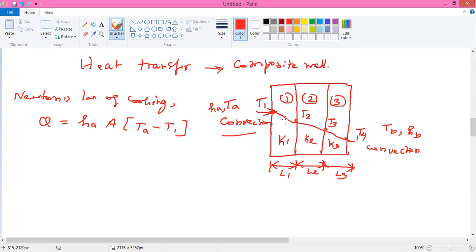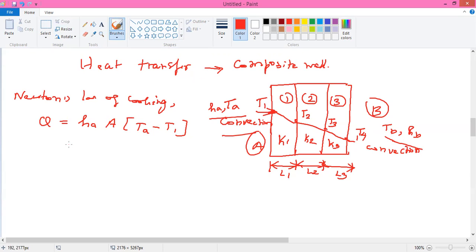First we take element 1, with surface area A, so Q equals HA into (TA minus T1). This becomes Newton's law of cooling from the convection side A. This is the A side, and this is the B side, with HA and TA on side A and HB on side B. TA is the surrounding temperature and T1 is the surface temperature.